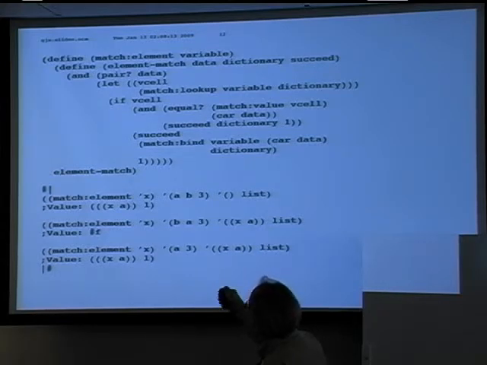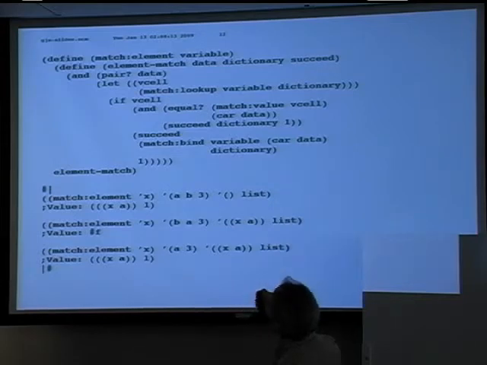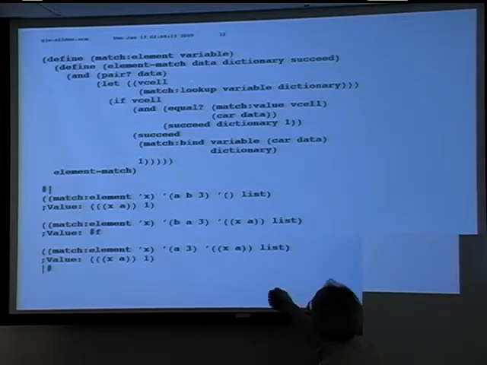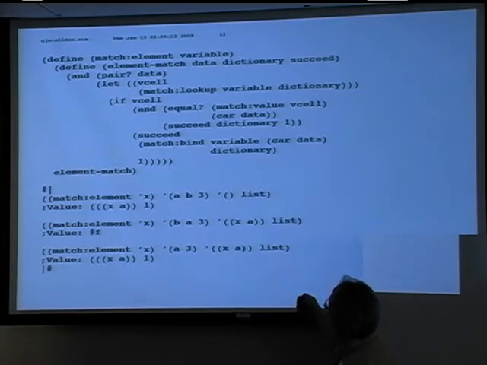That's the and pair data. If there is, it checks to see whether I've got a value for the current variable yet in my dictionary. If there is such a value, I may have to check that it's equal to the one I'm looking at. If that's true, it succeeds, having eaten something.